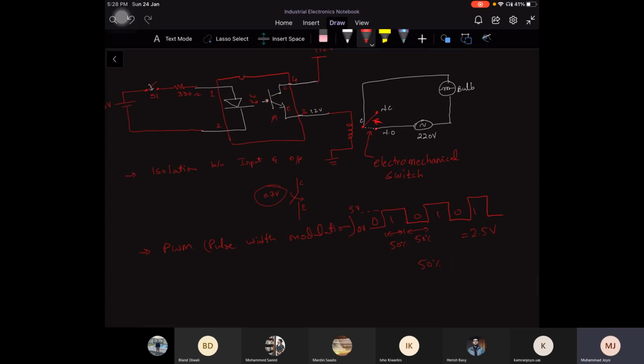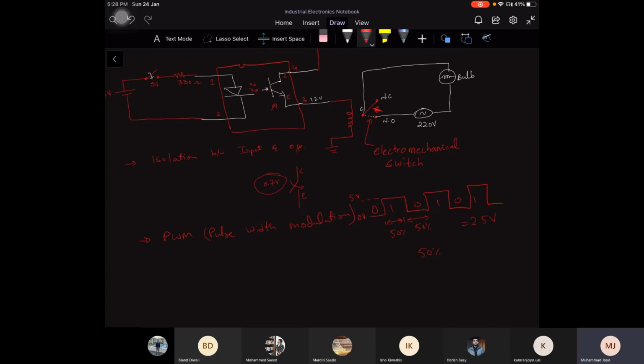When you provide this type of signal at low frequency, you will observe jerking at the motor. If you increase the frequency, I mean this overall signal repeats itself 1000 times in 1 second, you can imagine how much faster the switching will be.